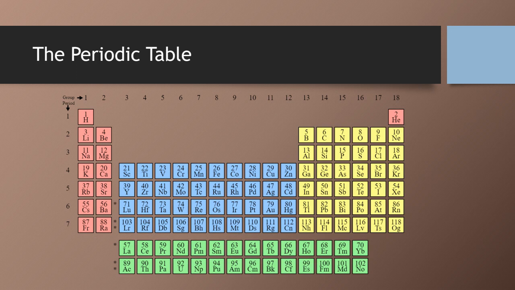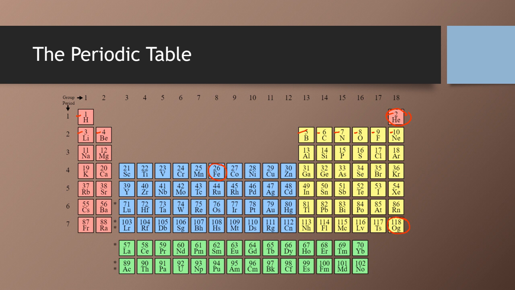And so here you have the periodic table with all 118 elements. And each number that you see here is the atomic number. This is the number of protons that's in the nucleus of each of these atoms. So a nucleus of helium has 2 protons. A nucleus of iron has 26.